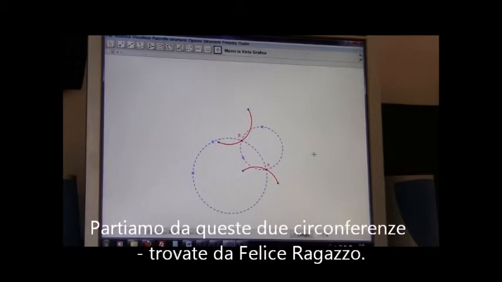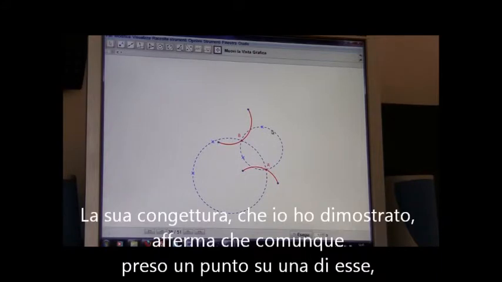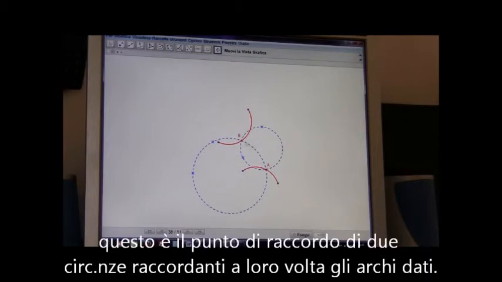What we have here is two circumferences. They were first found by Felice Ragazzo, and I have personally proved what Felice Ragazzo has said in his book, that when you take a point on either of these two, this is the connection point for the two other circumferences.